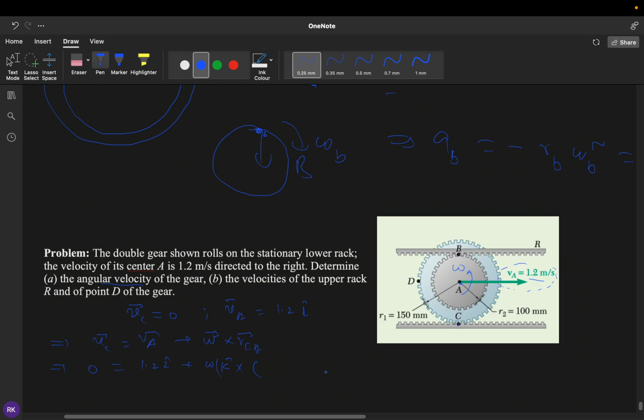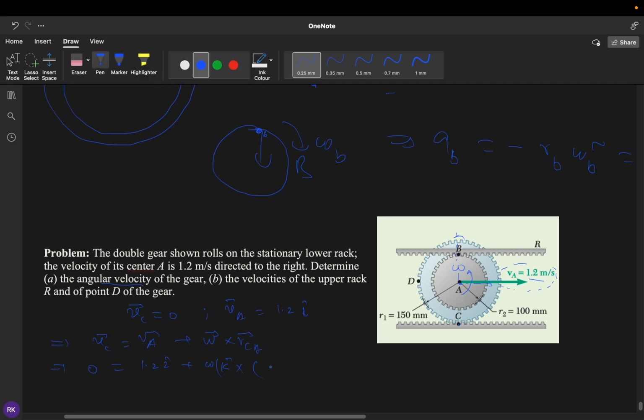What is RCA? If I assume the origin here, then what will be the RCA? In vector form, how can you write RCA?